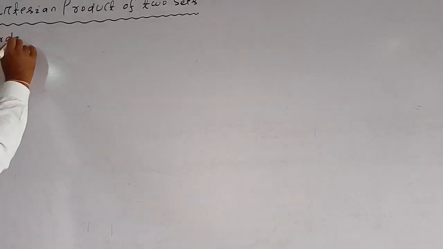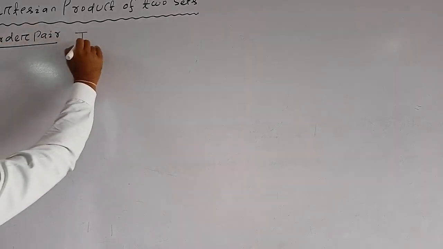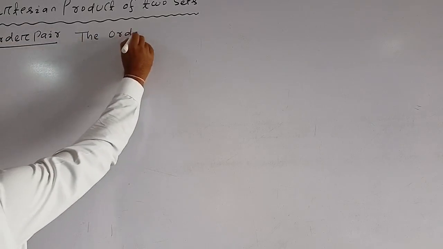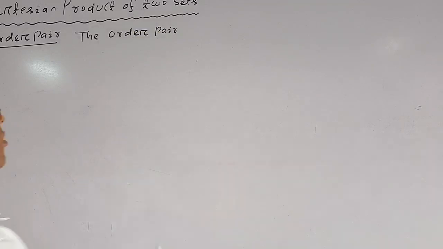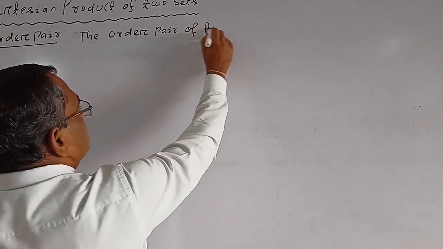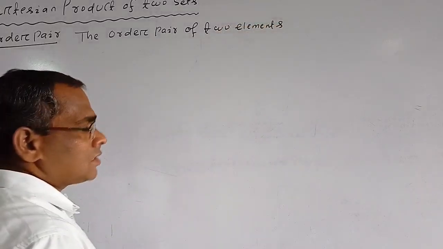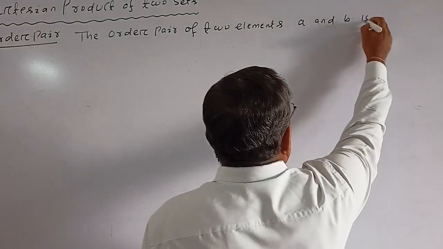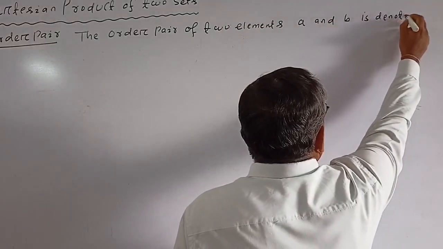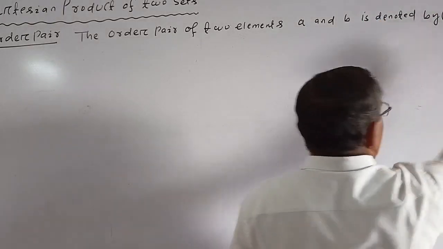So we write these things: ordered pair. The ordered pair of two elements A and B is denoted by (A, B).